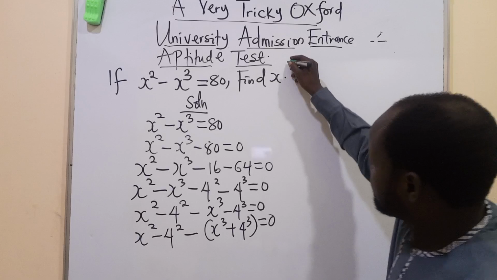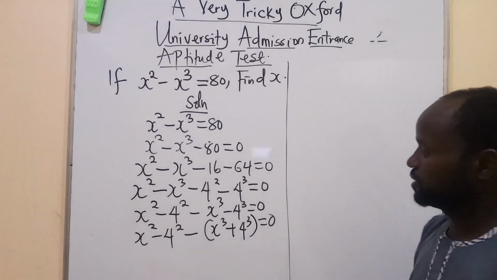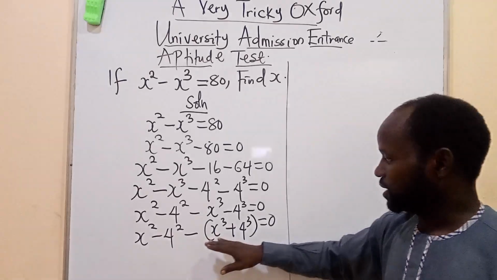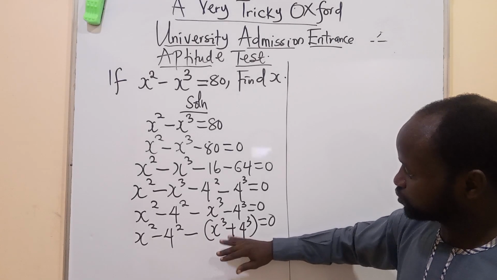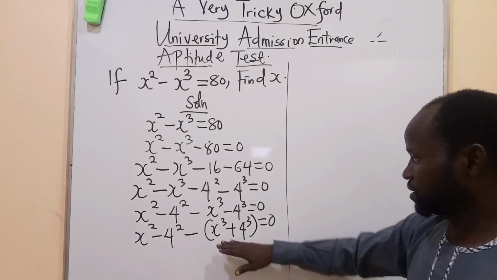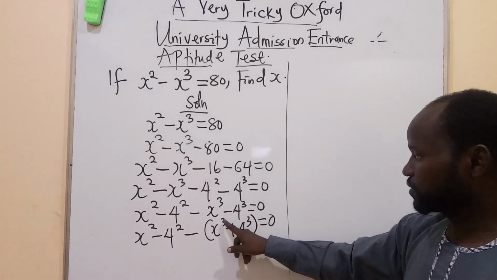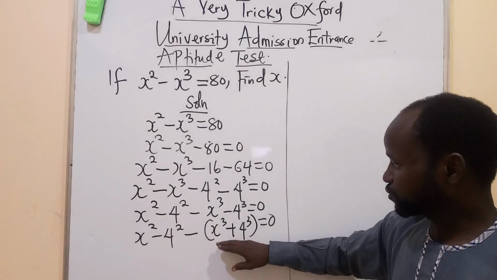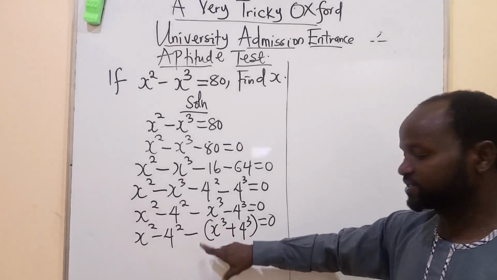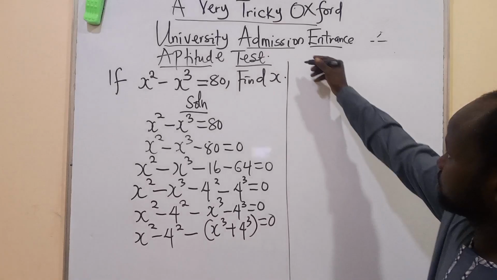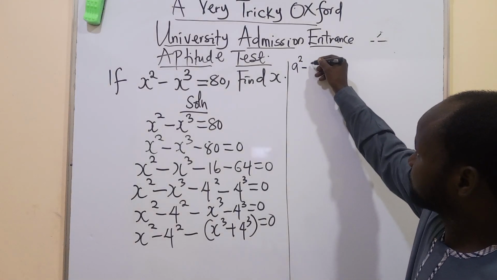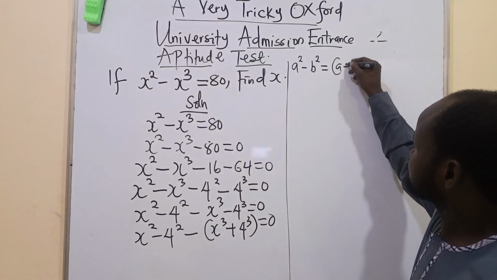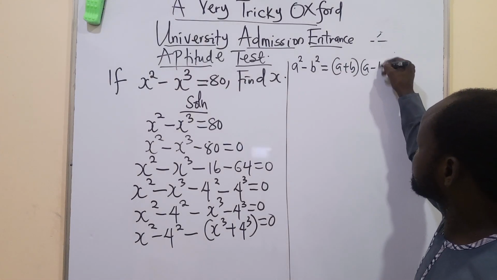Okay, from here, you realize that we have to apply the difference of two squares here and the sum of cubes here, because we have x cubed plus 4 cubed. We apply the difference of two squares, then the sum of two cubes identity to these two parts. So recall that if we have a squared minus b squared, this difference of two squares will be equal to a plus b, then a minus b.